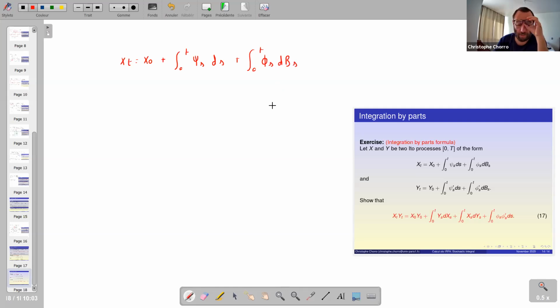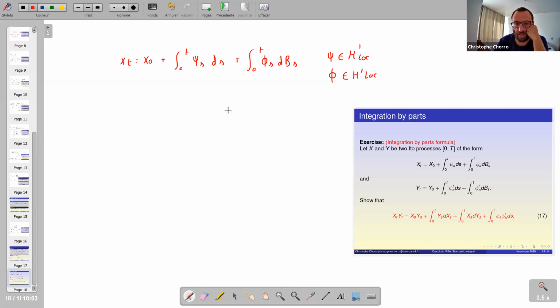And now I know that psi has to belong to H1 loc in order to make this Riemann integral well defined, and through the extension I have supposed for the Ito integral, I can suppose phi in H2 loc.